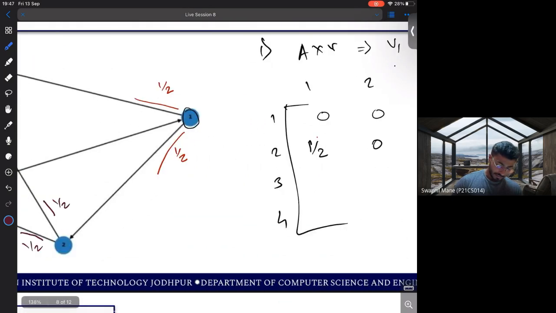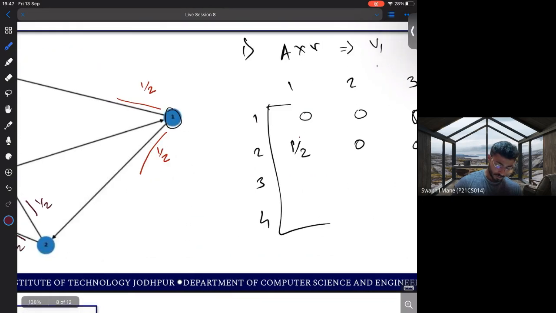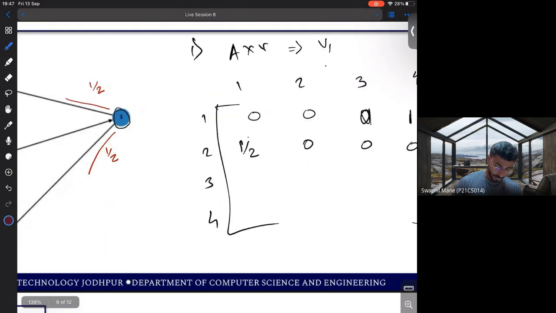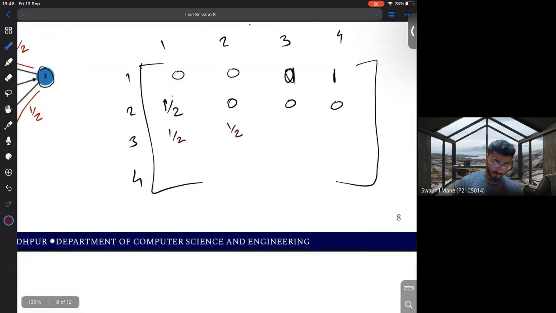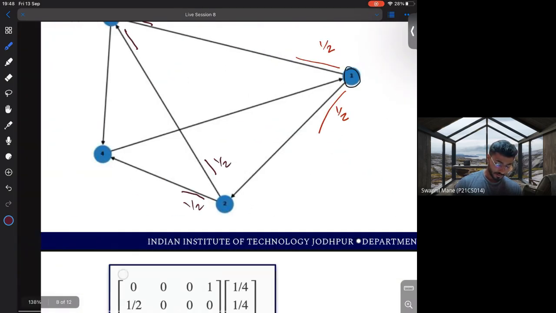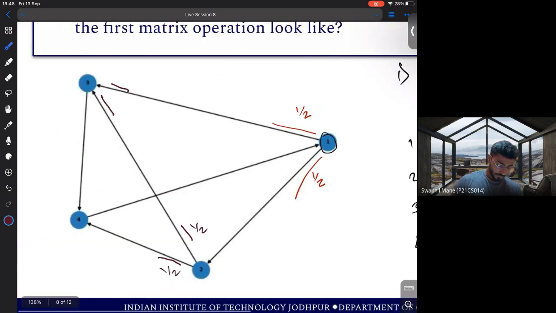So at node number 3 you get a contribution of 1 by 2 from node 1 and 1 by 2 from node 2, and the other values are 0, right?